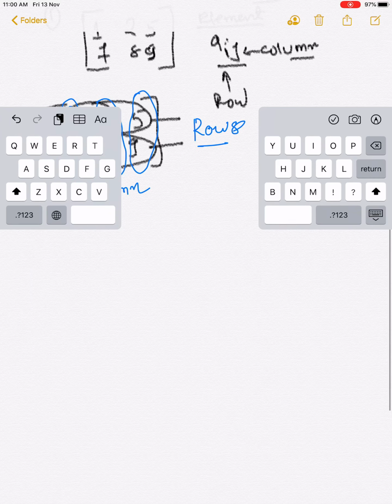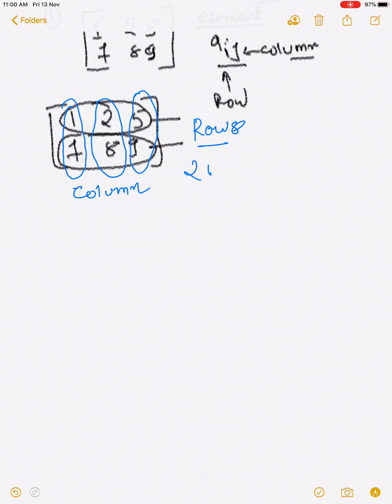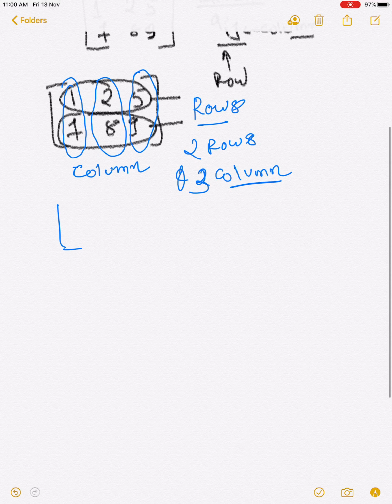So how many rows here? Two rows and three columns. So the order of the matrix will be 2 by 3.